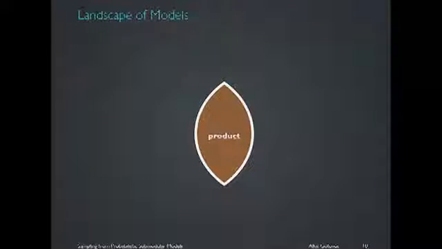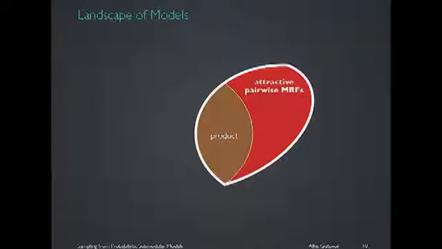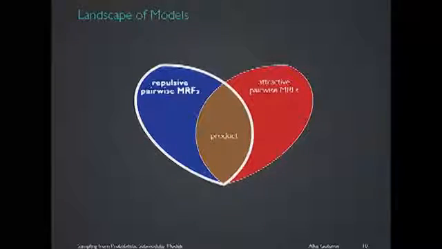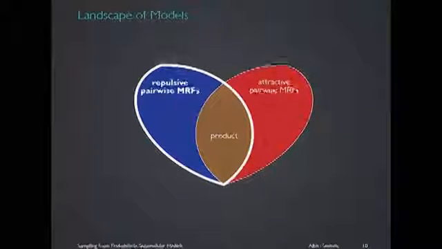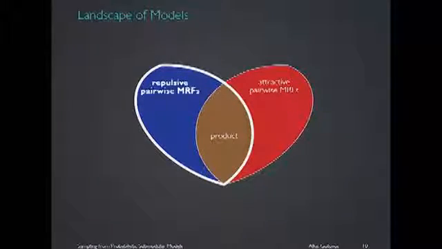Now let me also quickly show you how the class of probabilistic submodular models generalizes many well-studied models of the past. I'll start with product distributions, which are just distributions over independent sets of random variables. Next, we have attractive pairwise MRFs, so for example Ising models, Potts models, etc., like the segmentation example that I showed you before. Their counterpart are repulsive pairwise MRFs, which encode notions of diversity.